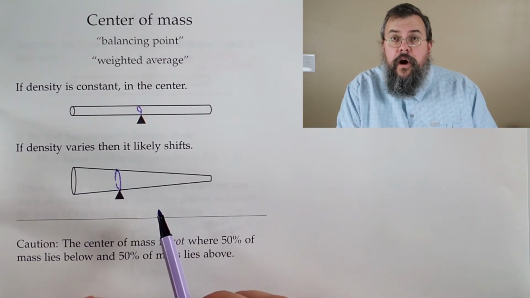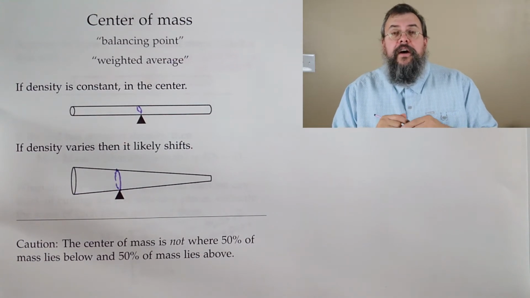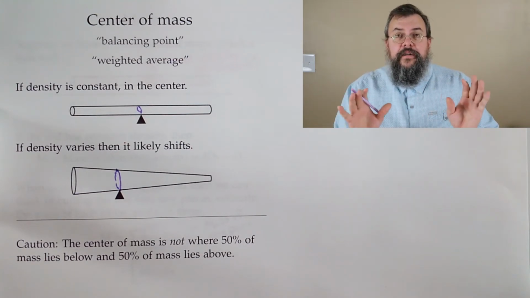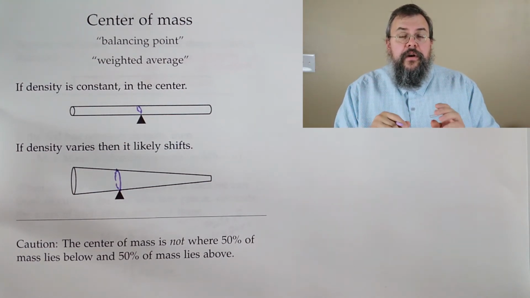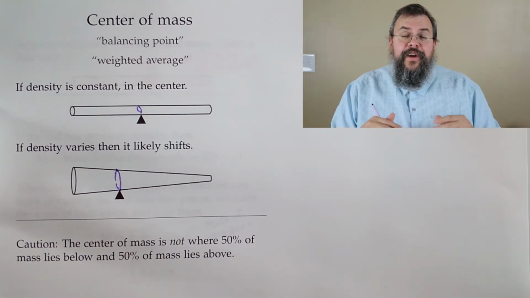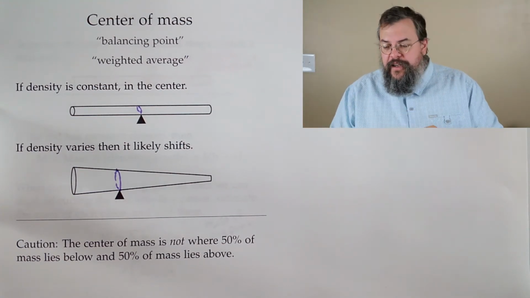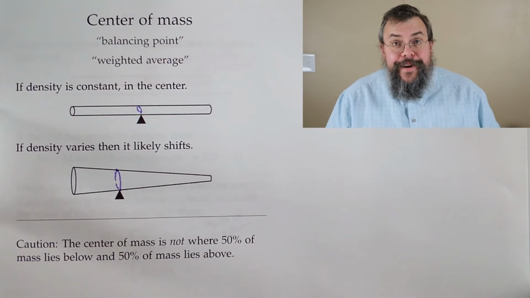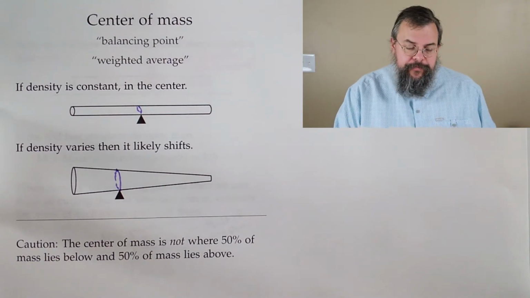The answer is usually no. The center of mass is not the point where you have half the mass on either side. So that's a distinction. It's a different type of thing. We'll do an example during the practice where we actually work through and explicitly find the center of mass and explicitly find the cutoff point, and we will see that they are very different. At least, well, the process is different.